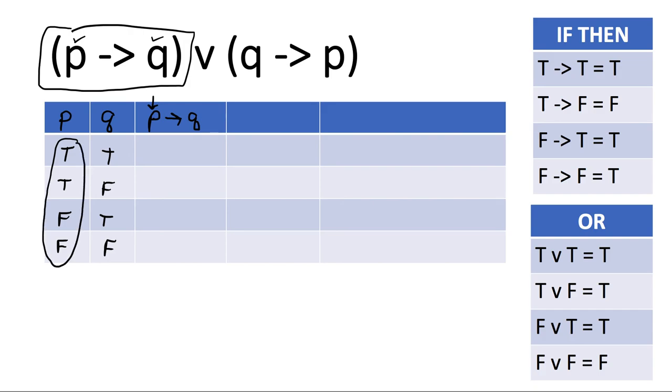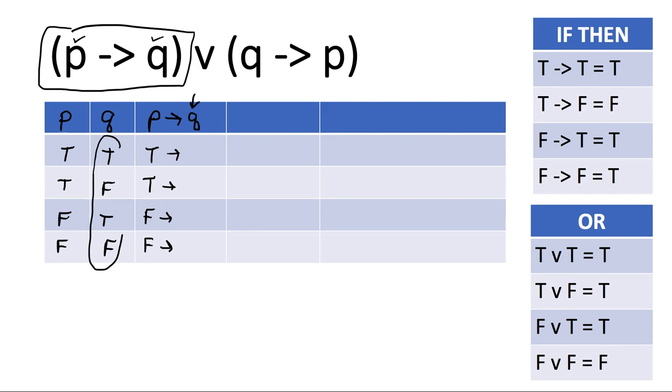So I have T, T, F, F. Then I'm going to put the arrow that's in between. And then I'm going to copy the Q values. So those are going to come from right here. So T, F, T, F.